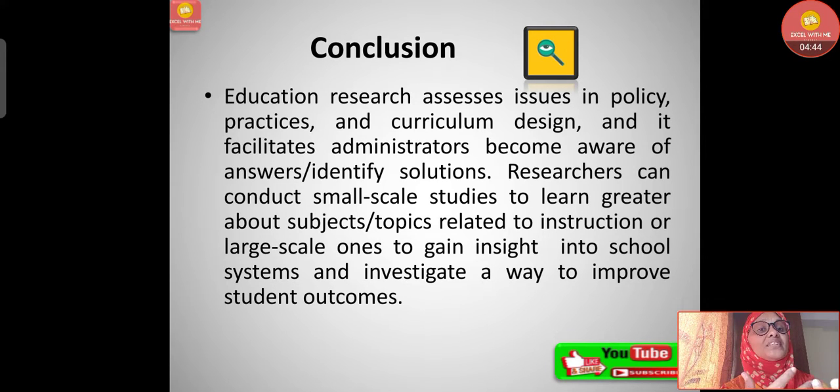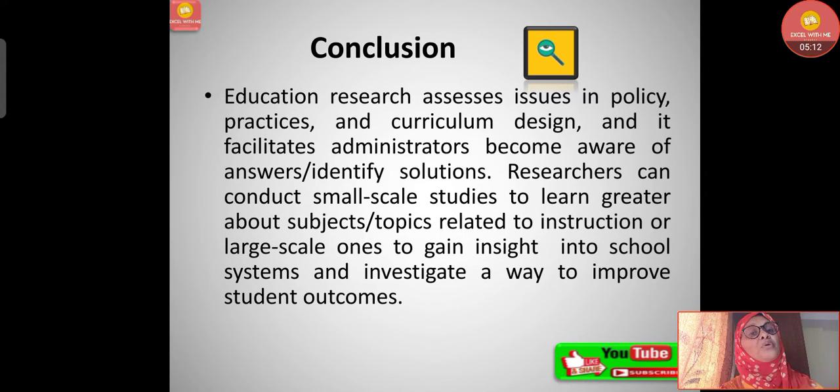Maybe issues in policy, whatever policy makers have made. If any issues are there, they can do the research work here. What are the practices related to the curriculum design, everything. Administrators become aware of all these things, and we have to find out the solutions or identify the things. Here research can be done in the educational field.